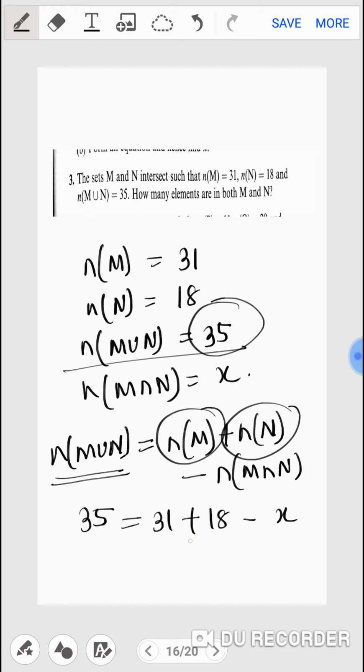You have to solve this and from there you will get the value of x. That will be the elements which are found both in M and N. Clear?